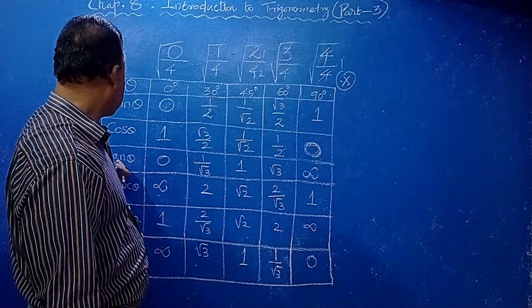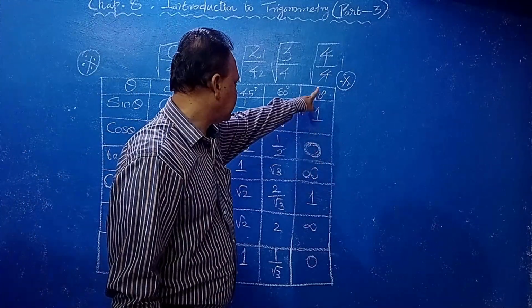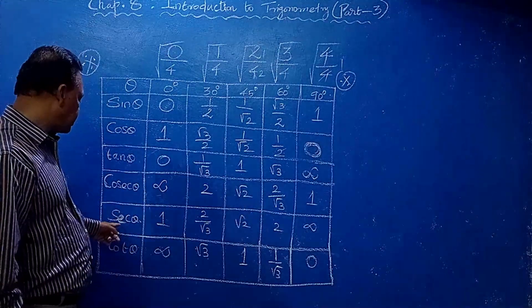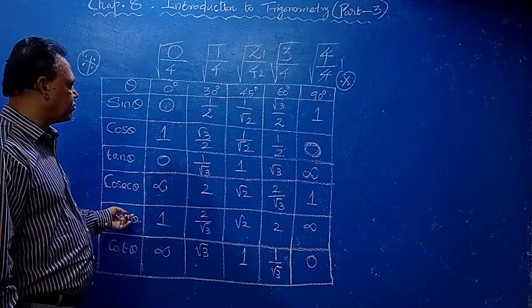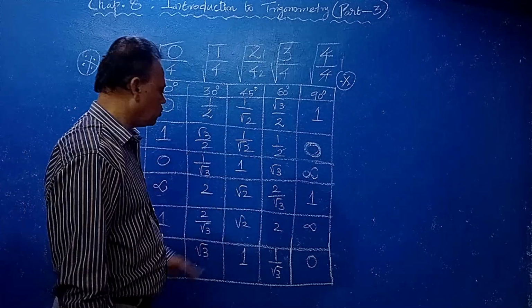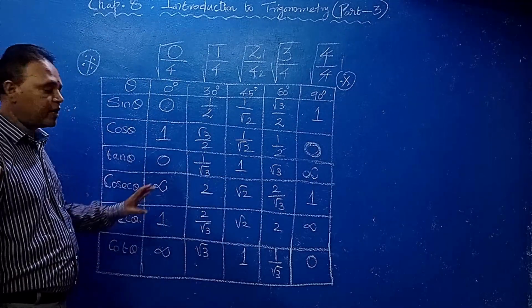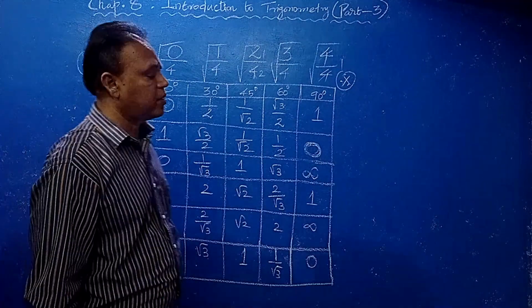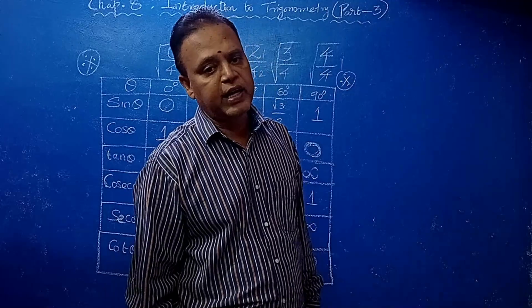Now tan 90 is infinity. Clear? Now secant 45 is here, so root 2. Understand? So correctly you pick out the value when you use this tabular column.